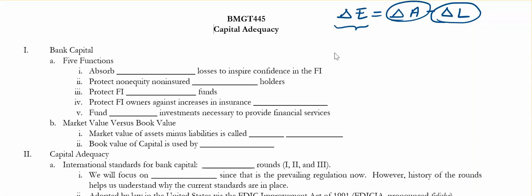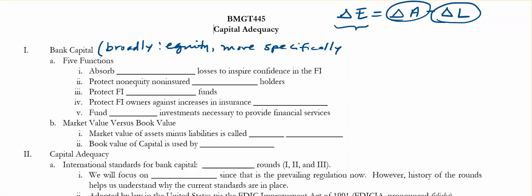Now, in Chapter 20, we're concerned with bank capital, and you could think broadly of bank capital as the equity of the bank. Maybe more specifically, the investor-supplied capital, not deposits.